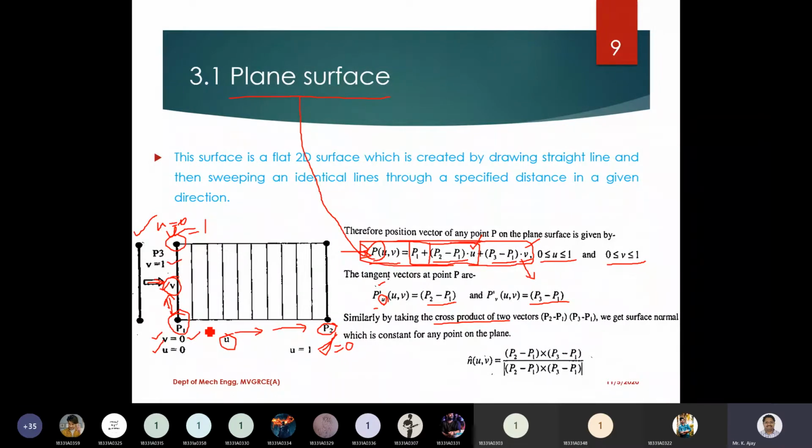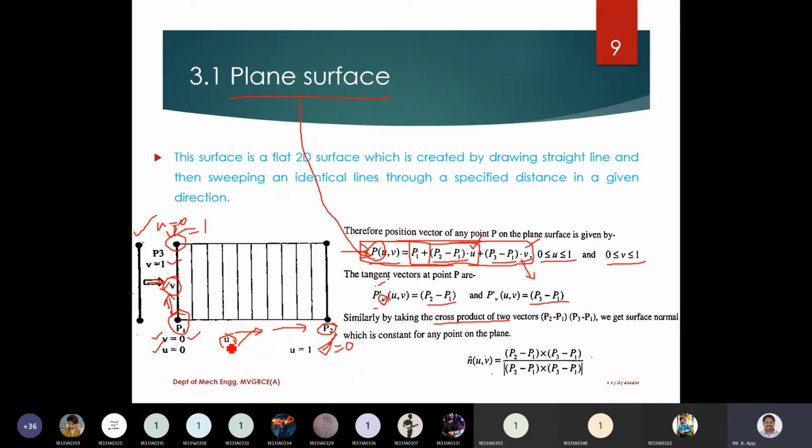Then the direction in which I need to sweep is handled by the parameter u. You can even reverse it, no issue. You just need to consider one independent variable for one direction, nothing more than that. So in this diagram, he is using u to direct towards the point P2.